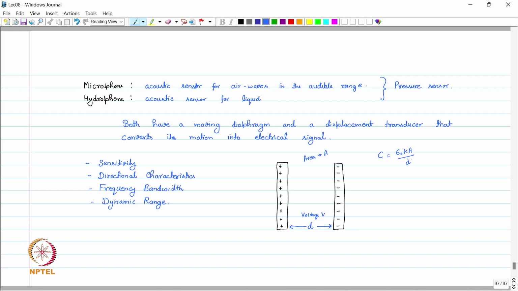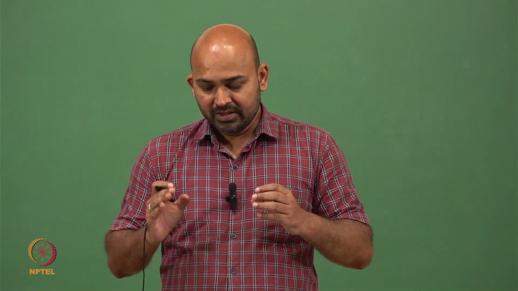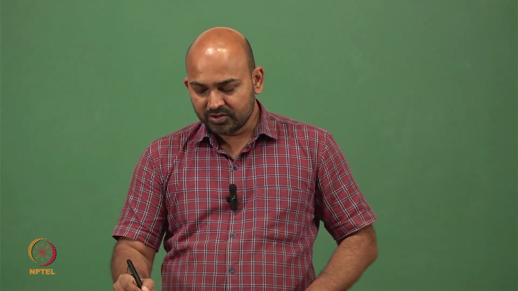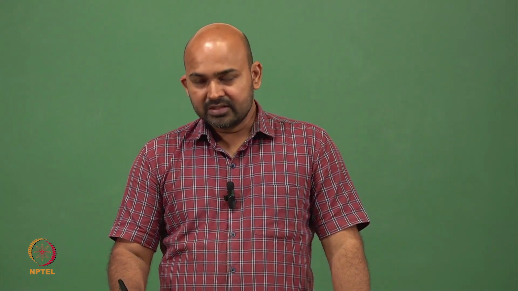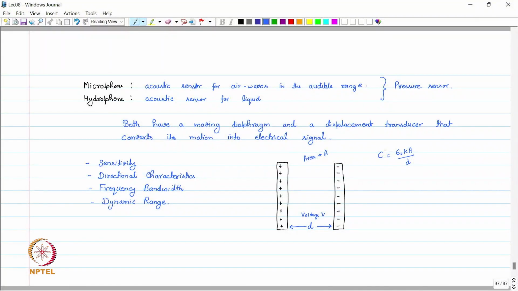So this is the formula for the capacitance of this capacitor. When a plate moves in the x direction upon application of an acoustic wave, this distance changes, and if the distance is decreasing, the capacitance will increase.